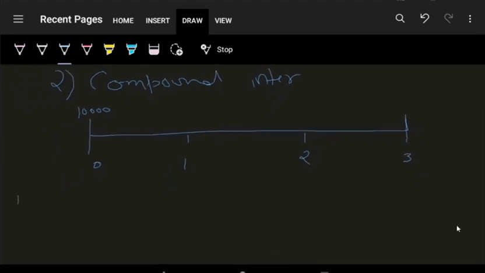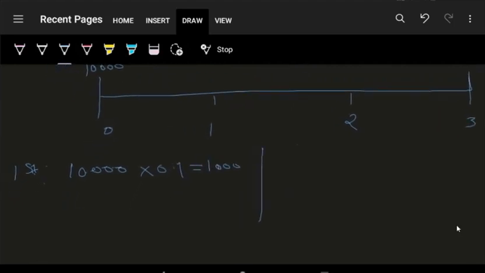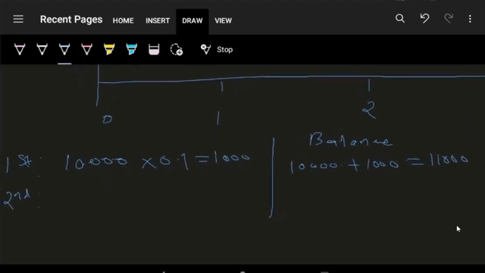Again, at the end of the first year, the interest would be calculated as 10,000 into 0.1, that is 1,000, and the balance at the end of each year would be, in the first year, 10,000 plus 1,000 equals 11,000. But in the second year, since we are using compound interest rate, the amount on which we will earn interest would be 11,000 as opposed to what we see earlier in simple interest.